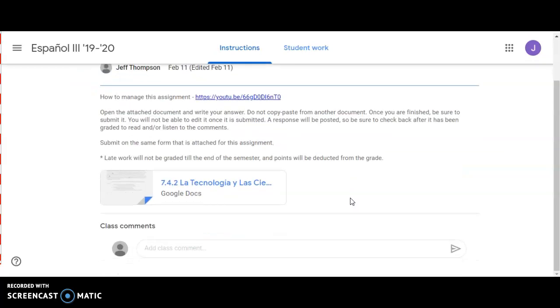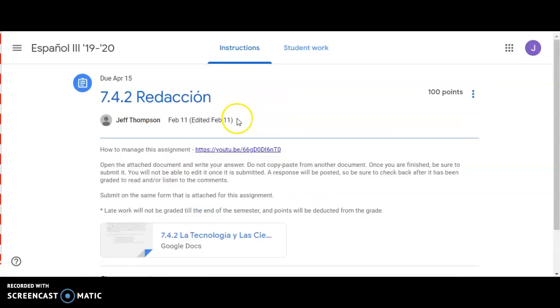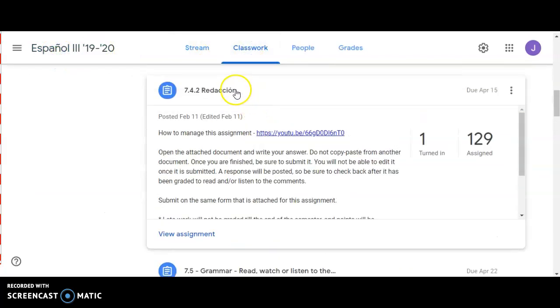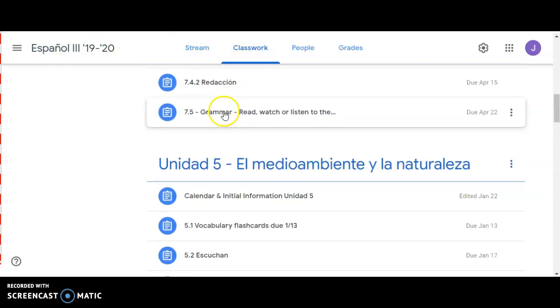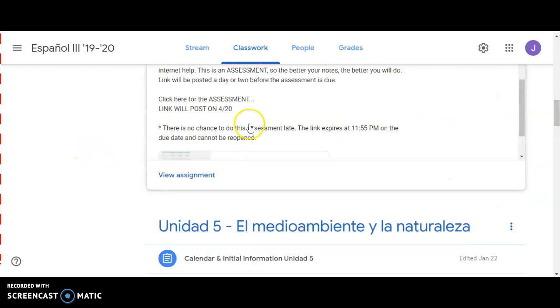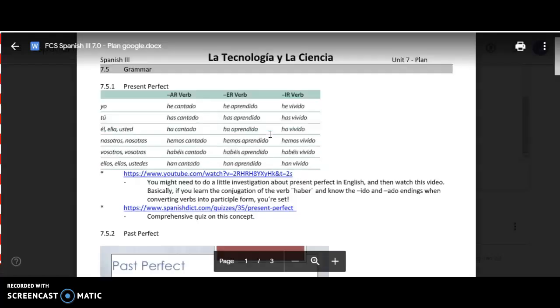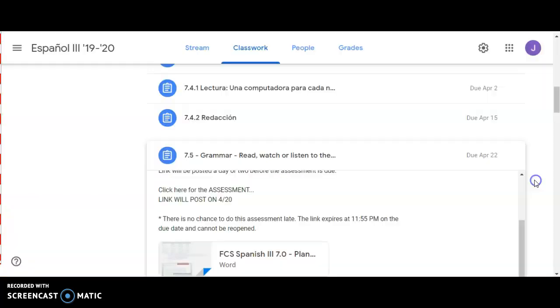Then finally, you've got your 7.5 grammar. And again, I posted the grammar that you're doing this month. And then finally, on the 20th, I will post the link to the last unit test.